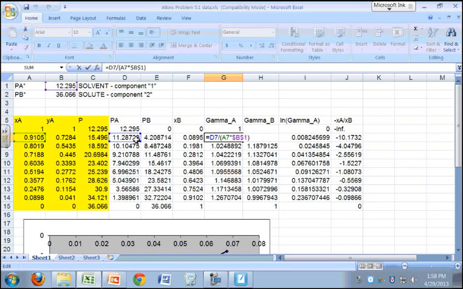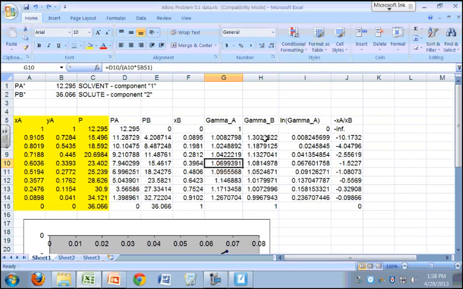Partial pressure of A divided by mole fraction of A, which is A7, times P star A. So the partial pressure of A, the actual partial pressure, and then this is the Raoult's law prediction for the partial pressure if it were ideal. Okay, so that's how you determine your gamma sub A.